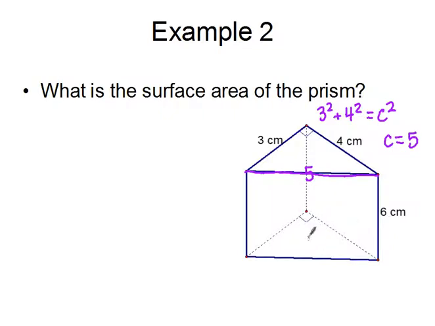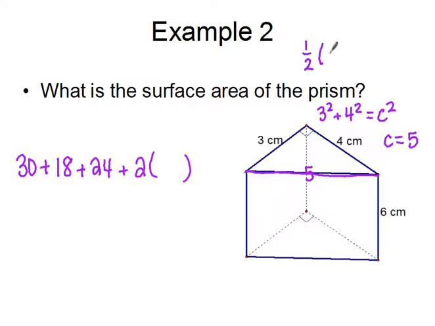So the rectangle in the front is 5 by 6. It's 30. The rectangle on the left back side is 3 across and 6 high, so that's 18. The rectangle on the right back is 4 by 6, so that's 24. Now we need to add 2 of the triangles. Triangles are 1/2 base times height.